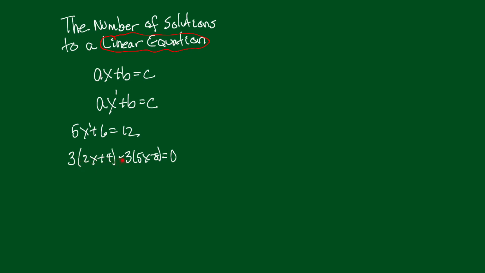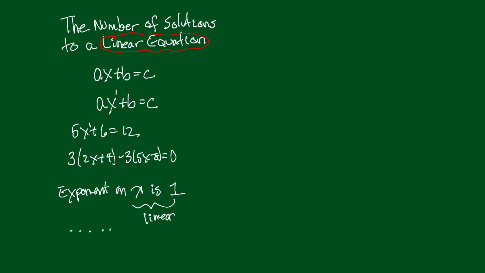We can work through this and again eventually get it down to look like this here: something times x plus a number equals c. But the point is that the exponent on the x is 1. Now, if it's 1, that means it's linear.